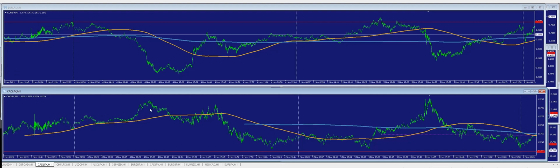Let's just say we were to look at these and want to trade Euro Canada here. We're going to see price here is strong in Canada and Euro is weak. However, Euro was bullish because this moving average has not moved.